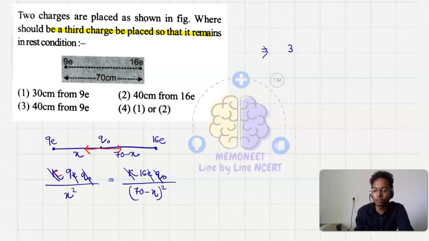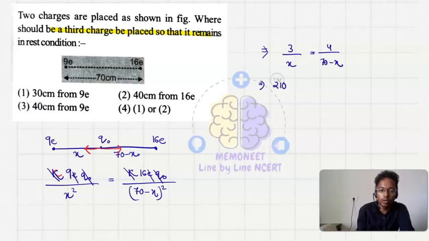So we have 3 upon x is equals to 4 upon 70 minus x, if we take square root on both sides, since the square root of 16 is 4. So this will be 70 into 3, that is 210 minus 3x is equals to 4x.